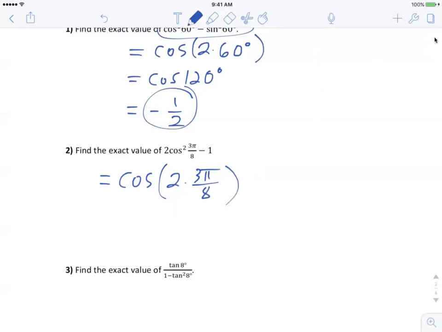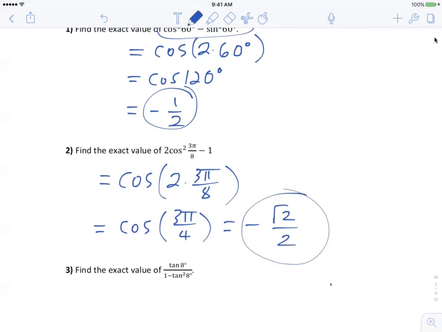Okay. And then multiplying that out, 2 goes into 8 4 times. This is cosine of 3 pi over 4. And 3 pi over 4 is on the unit circle. 3 pi over 4 is the same as 135 degrees. Again, quadrant 2, negative. And then that's that one that's root 2 over 2. Okay.